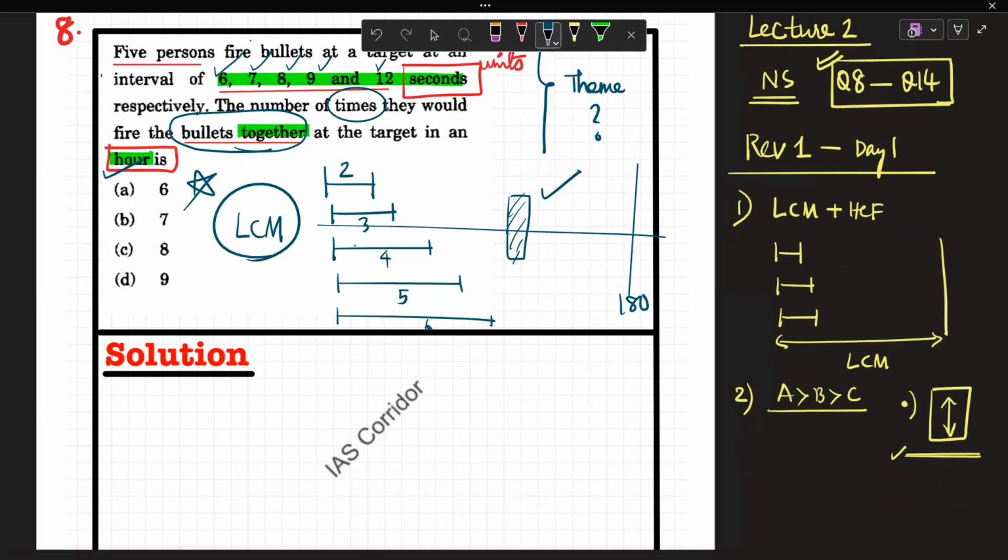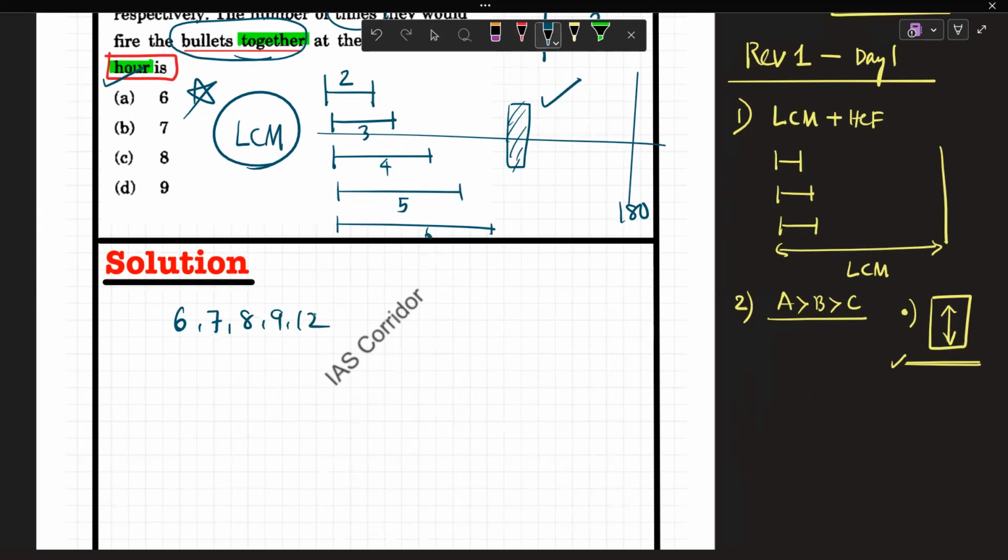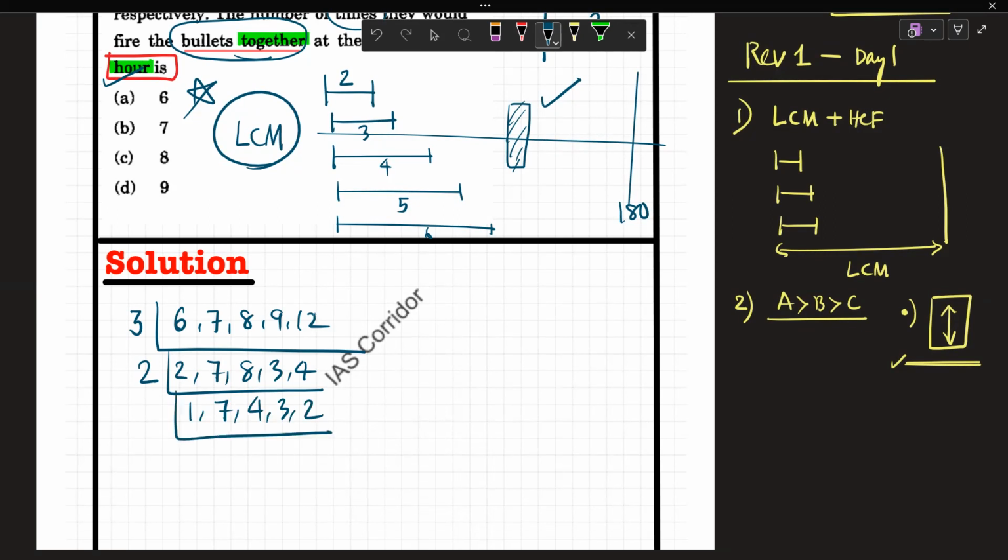One mistake that a few students make is, for 6, 7, 8, 9, 12, they find the LCM by writing 3, 2, 7, 8, 3, 4, then 2, 1, 7, 4, 3, 2, then again 2, 1, 7, 2, 3, 1.